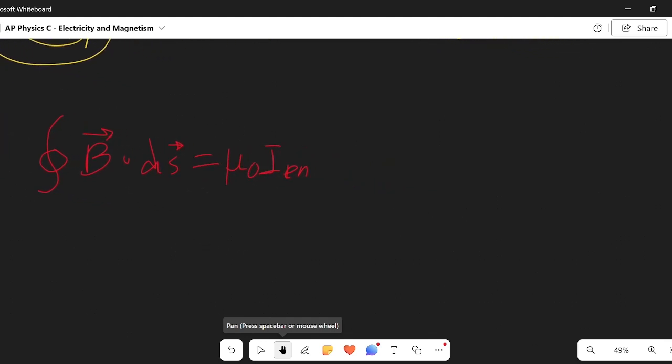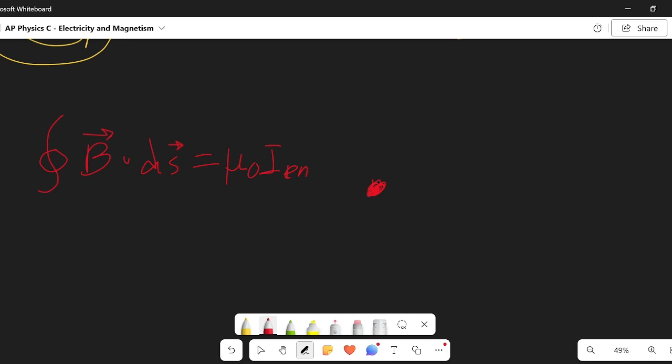So now let's determine the magnitude of the magnetic field outside an infinitely long straight wire with radius r and current I. So what we will do in this case is we will essentially have a wire like so.